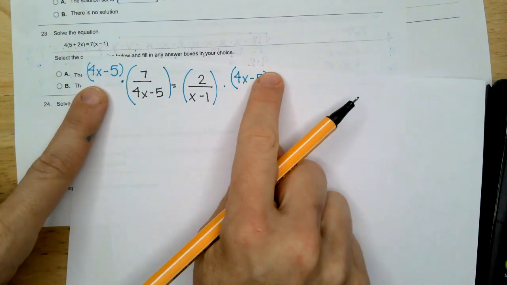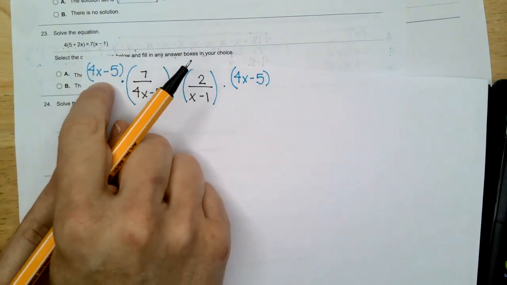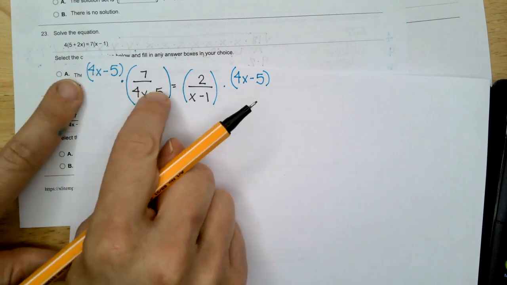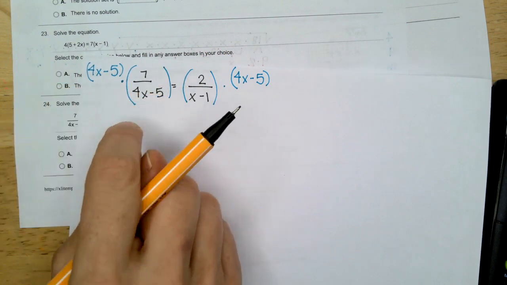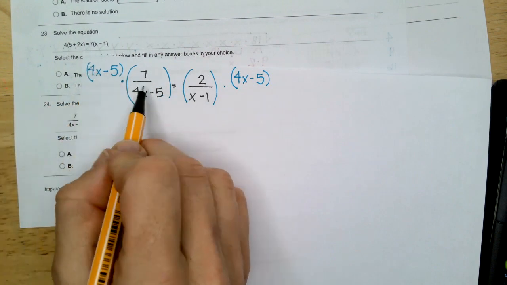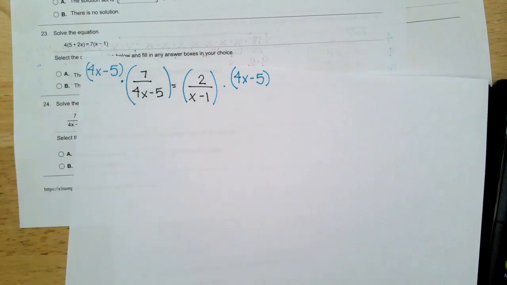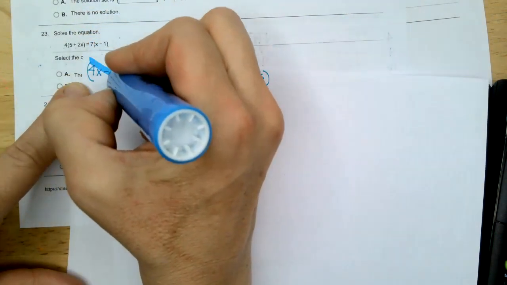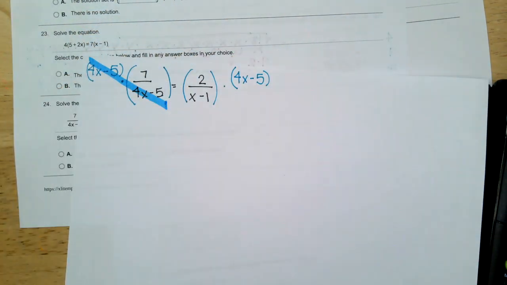Okay, it's only on the top. I didn't draw a line and then do the same thing to the bottom, right? Because then I would just have 4x minus 5 squared on the bottom, and that doesn't help me. So I'm just trying to get rid of this. It's being divided by that, so I'm multiplying it by that so I can just cancel it. Now all I have on this side is 7. Perfect, I got rid of my fraction.